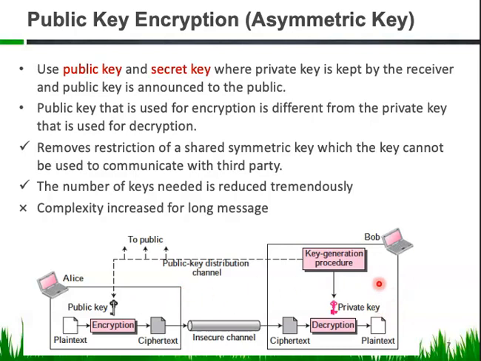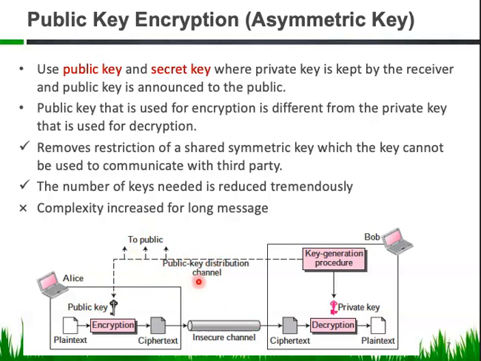This also means that Bob needs only one private key to receive all correspondence from anyone in the community. If someone else wants to send a message to Bob, Bob still needs the same private key to decrypt that message. However, if Alice wants to communicate with n entities in the community, she needs n public keys, one public key for each entity.